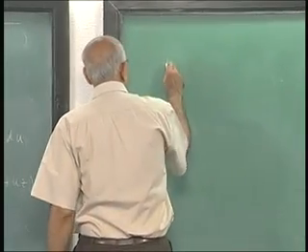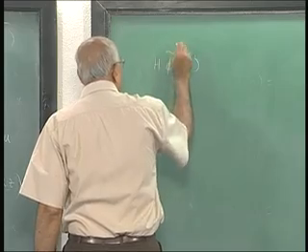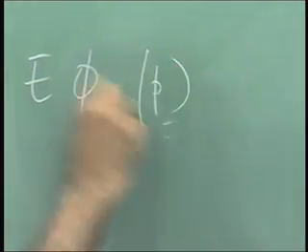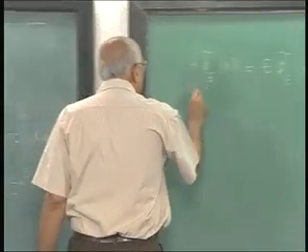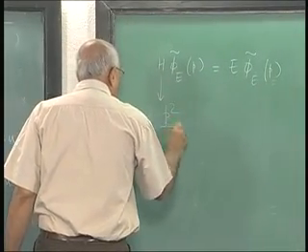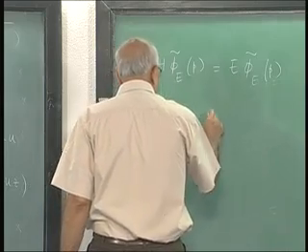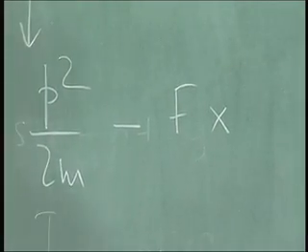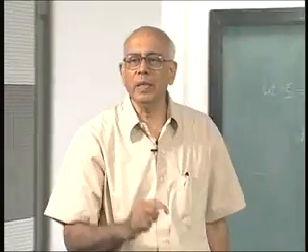You have h phi e of p equal to e phi e of p in the momentum basis, and the Hamiltonian is p squared over 2m minus f times x. But what is x in the momentum representation when acting on phi e tilde of p?